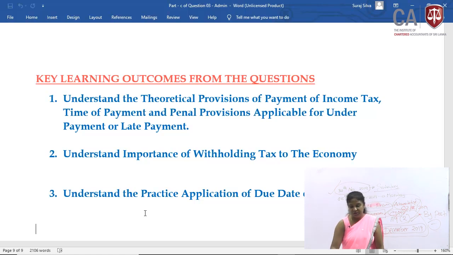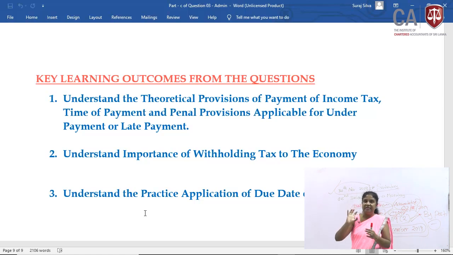Then understand the practical application of the due date of return filing. Under section 119 subsections 1 and 2, we have looked into how practically we apply the due date of return filing, even for the self-assessment tax return, which the taxpayer has to file on or before 30 November, that is, within 8 months of the end of the particular year of assessment.